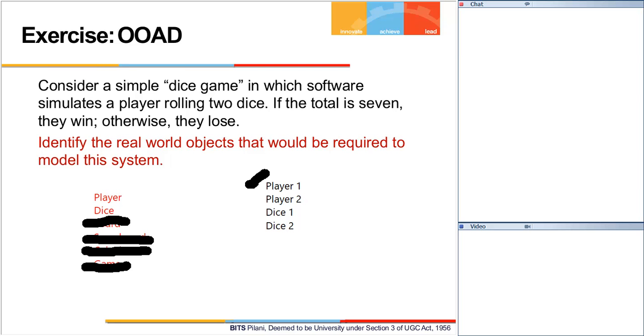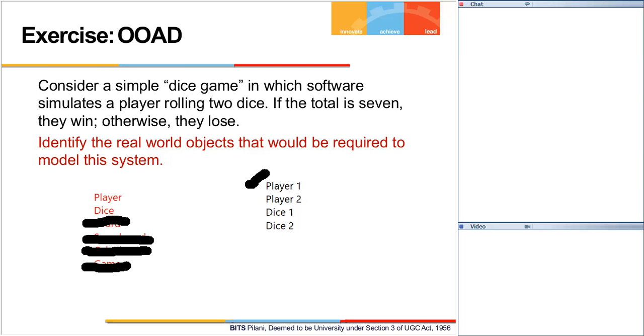This is called a domain concept, which is our point of concern in the analysis model. And alternatively, there is something called a software concept which comes up in the design model, and here is where your scoreboard and calculator will come in. So you need to strictly be able to distinguish between the analysis model and the design model, right?